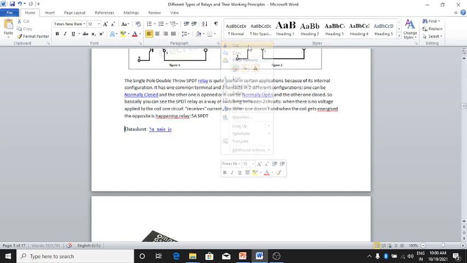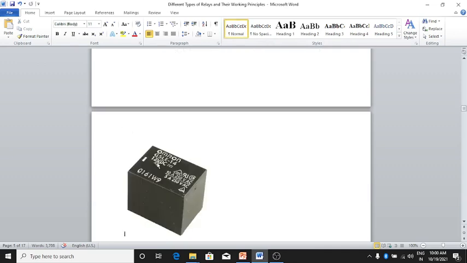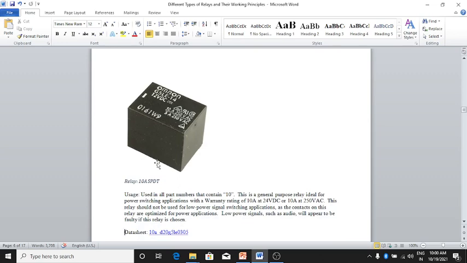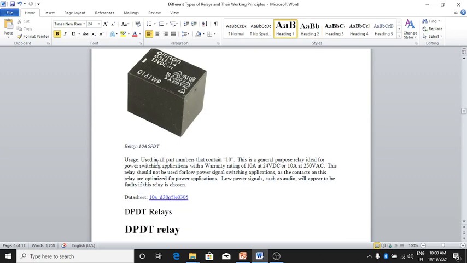The datasheet is from Omron. See here, Omron company SPDT is there, single pole, double throw in this relay. Here is the SPDT. Used in all part numbers that contain 10.